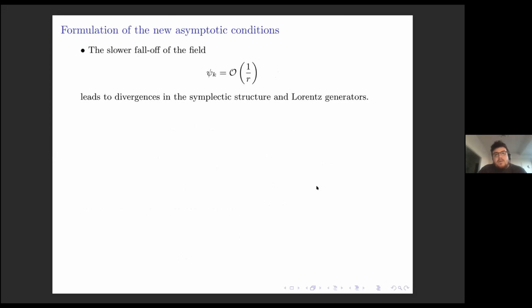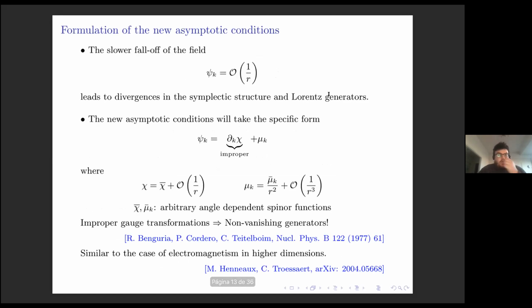But what happens if we relax the boundary conditions by putting a 1/r term? Well, we will find some divergences in the symplectic structure and the Poincaré generators. But we can cure this by choosing this specific form for the gravitino field, where we introduce something that we call a surface field, and I will explain later why.